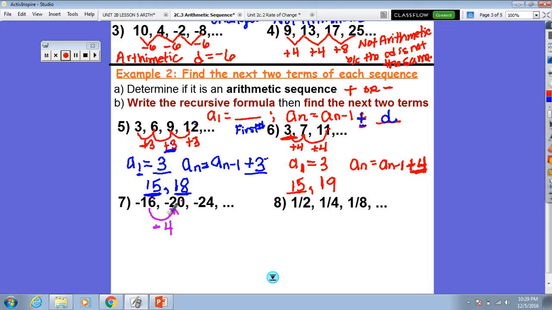An easy way to find the pattern is to take the second number and subtract it from the first number. So you're going to subtract backwards. Negative 20 minus negative 16, and you will get minus 4. Alright, what is the next number in the sequence? Minus 4. So this is an arithmetic sequence.